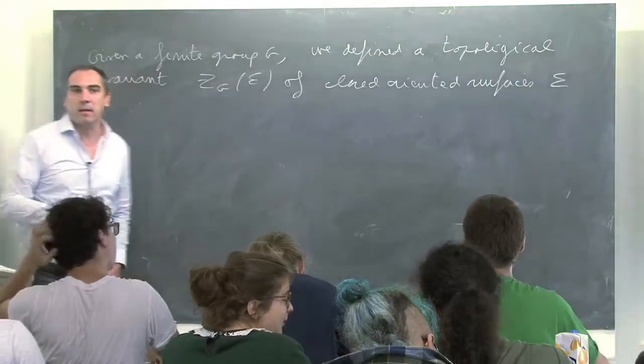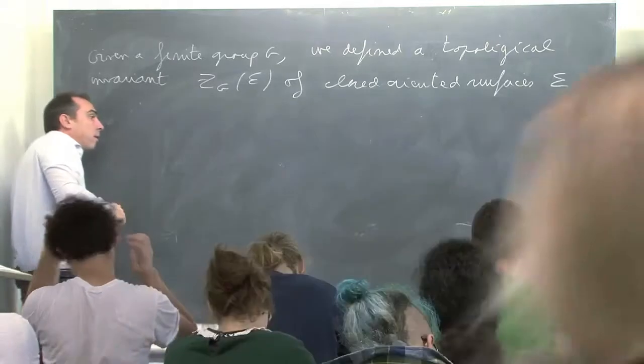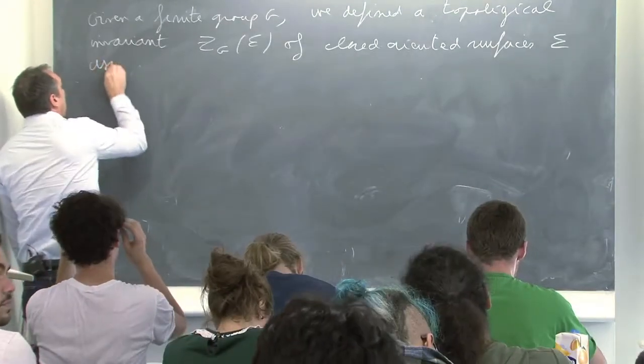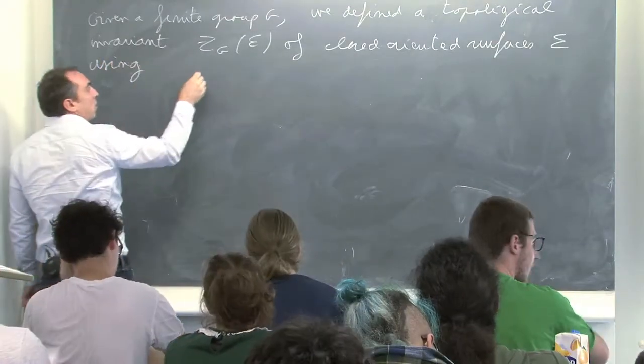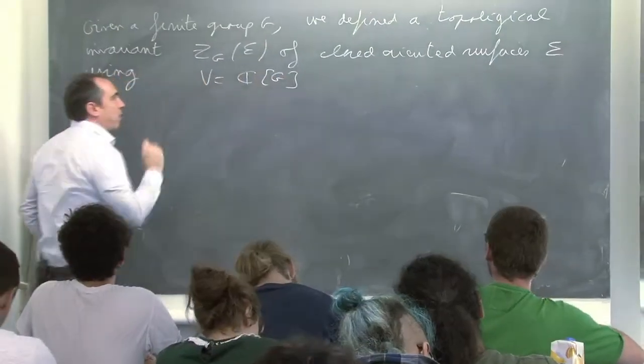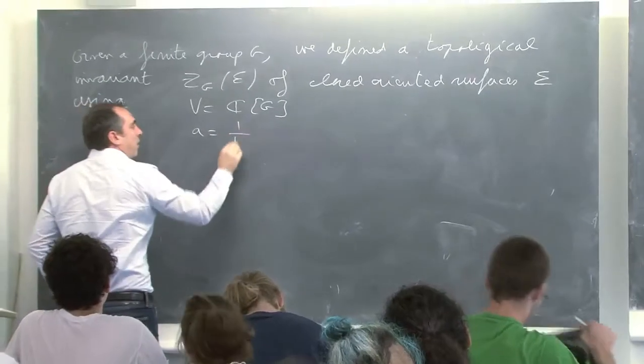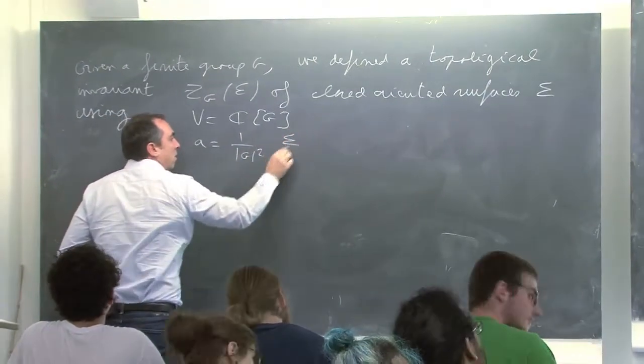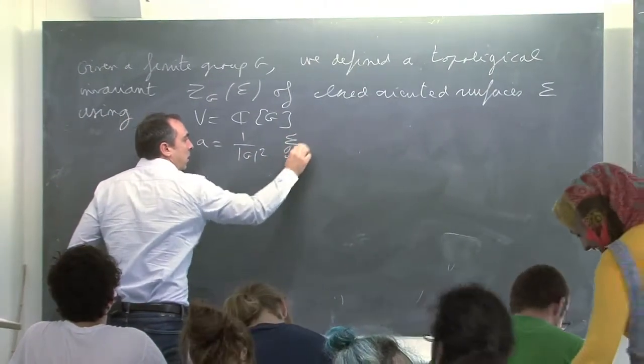And we defined this invariant using this vector space, this element, δ_{GH1}.